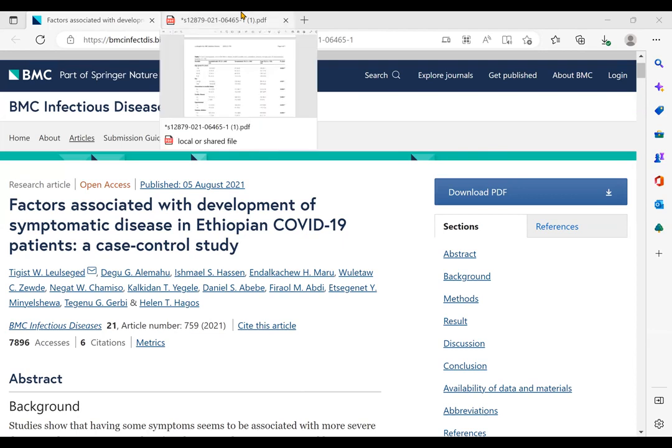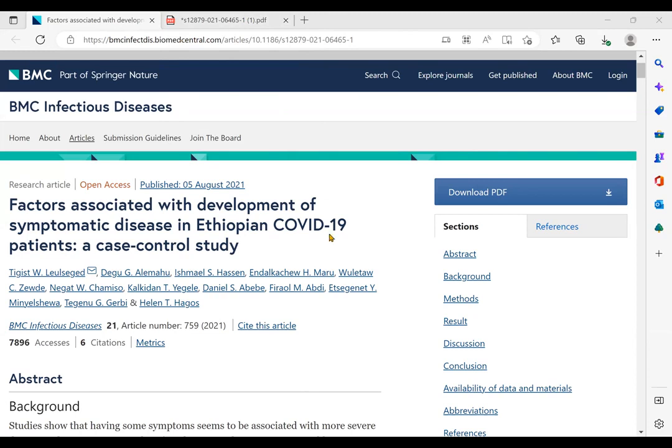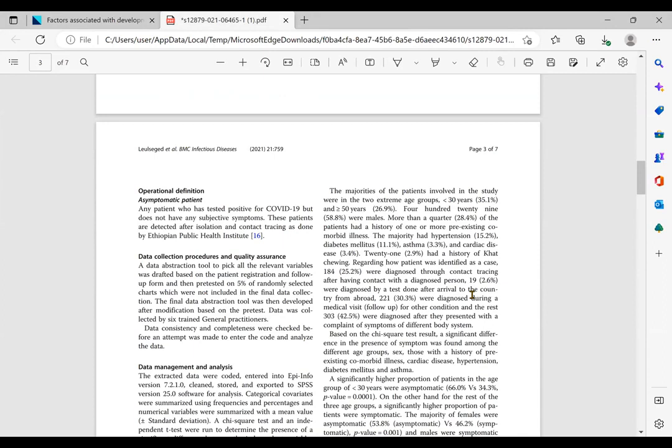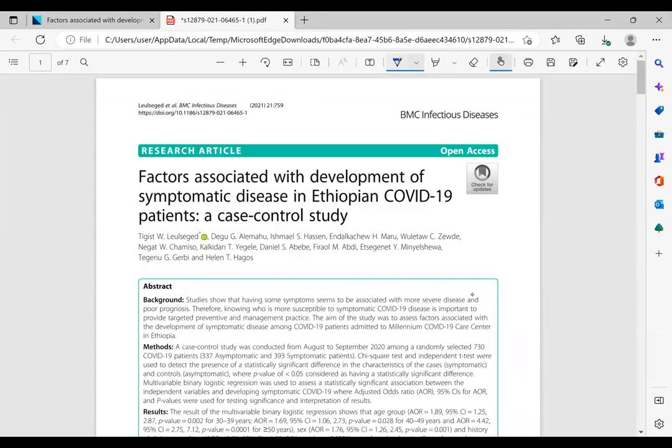So this is a comparative study design. In a comparative study design like case control, we start by having groups with the outcome and no outcome, and we try to see if they have some significant exposure in the past.